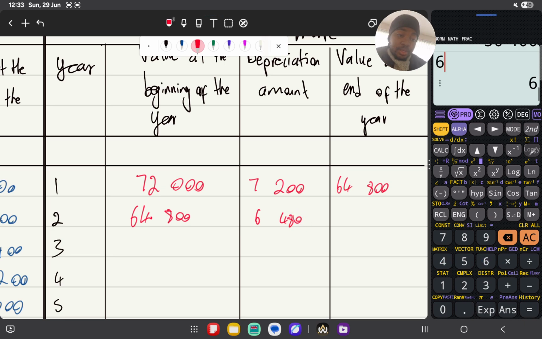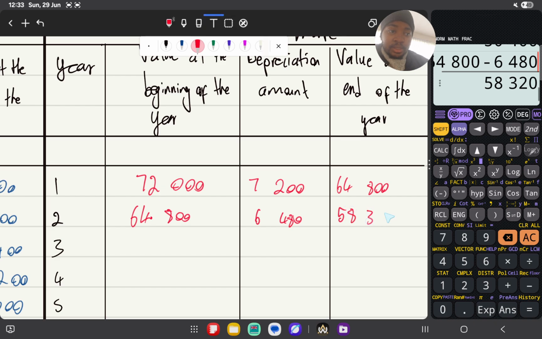Now we do the math: 64,800 minus 6,480, we are getting 58,320. And then we go again on the other side. That's the value at the beginning of the year, 58,320. 10% of this is 5,832.